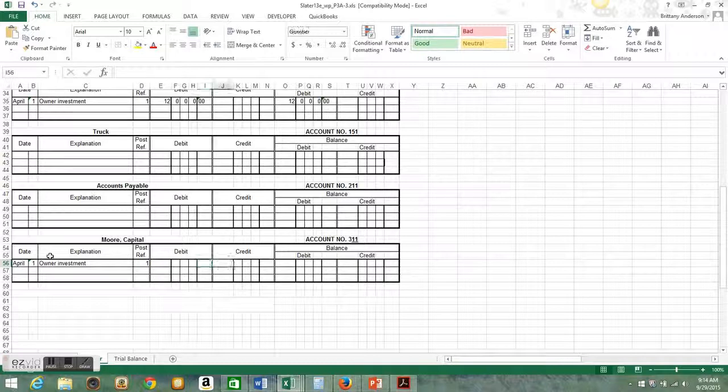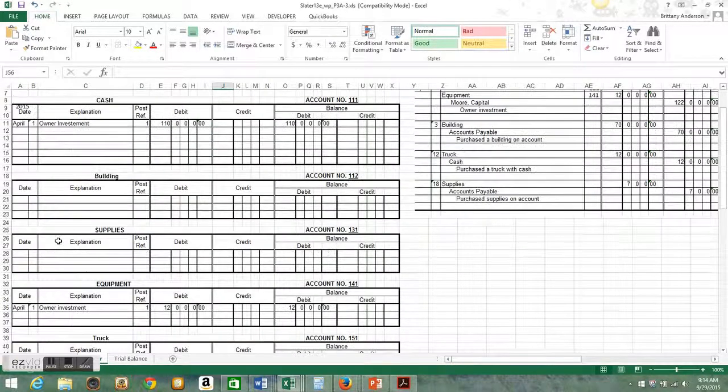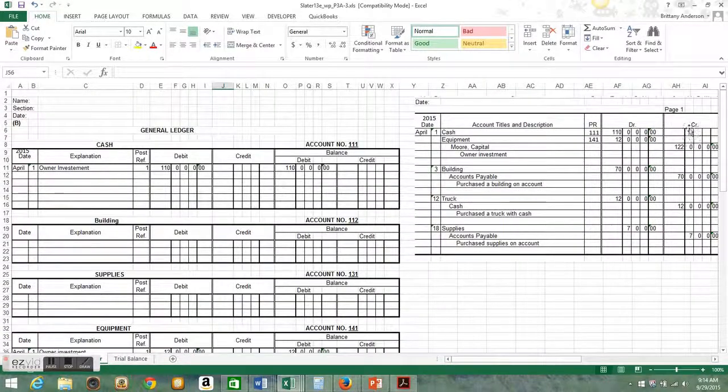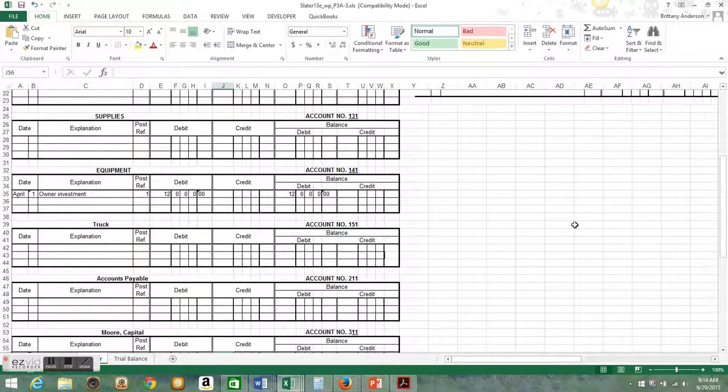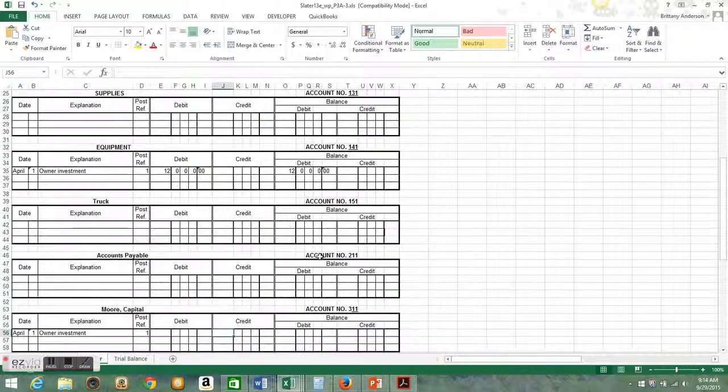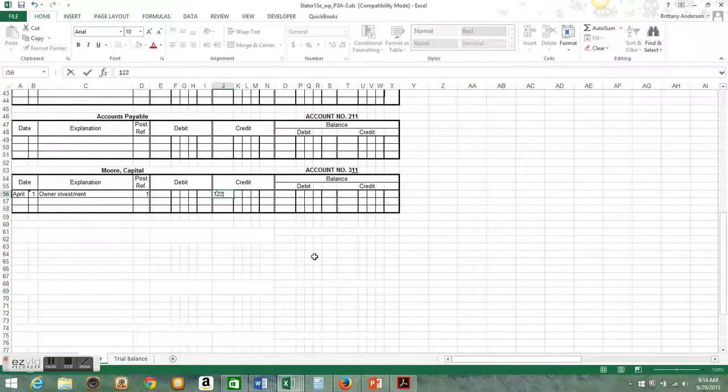And we know that my owner investment is a credit because not only is it on the credit side of our entry, but we know at this point in time that my capital is a normal credit balance increasing on the credit side. So we're going to enter our amount of $122,000 in our ledger for our capital account, and it stays on the credit side, so we're going to enter it on our credit side of our ledger.